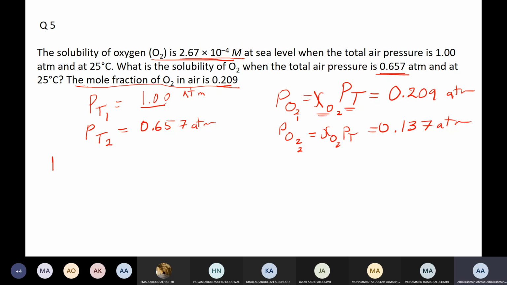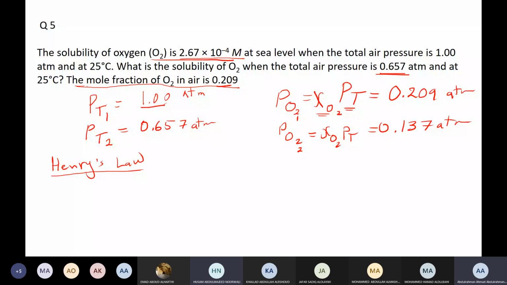We can find the constant by dividing two points. For what? For the solubility of oxygen.